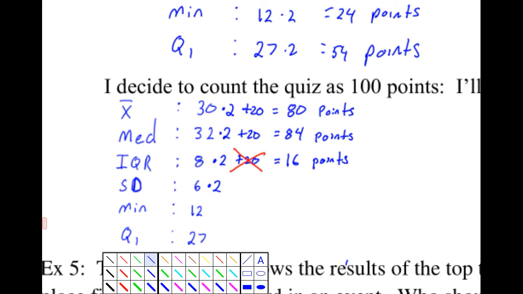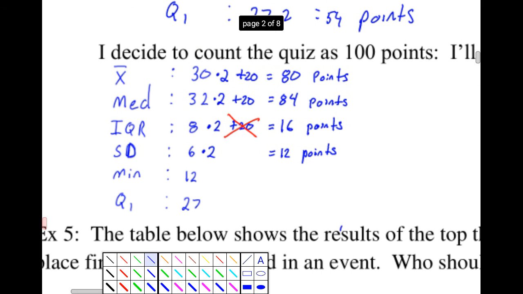Okay, standard deviation, I'm just multiplying. I'm not going to add that 20 to it. So the standard deviation is still 12 points, just like it was on the previous part. Minimum, I'm going to multiply by 2, but this is a measure of position. The minimum is a position for the data point, so we're also going to add 20. And for the Q1, I'm going to multiply by 2 and add 20.